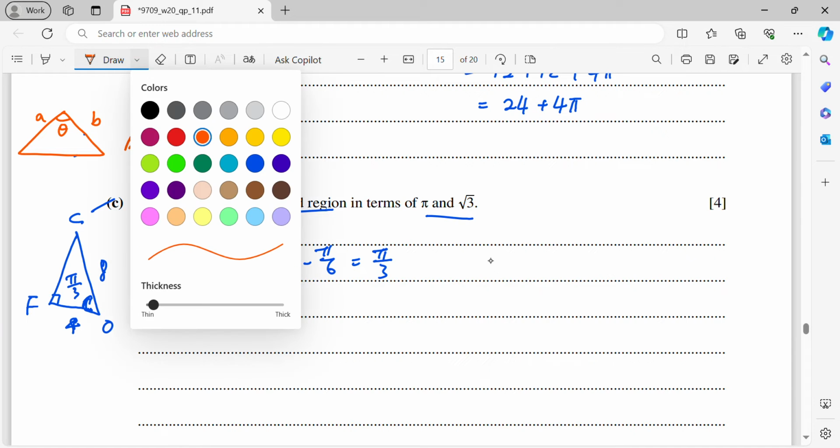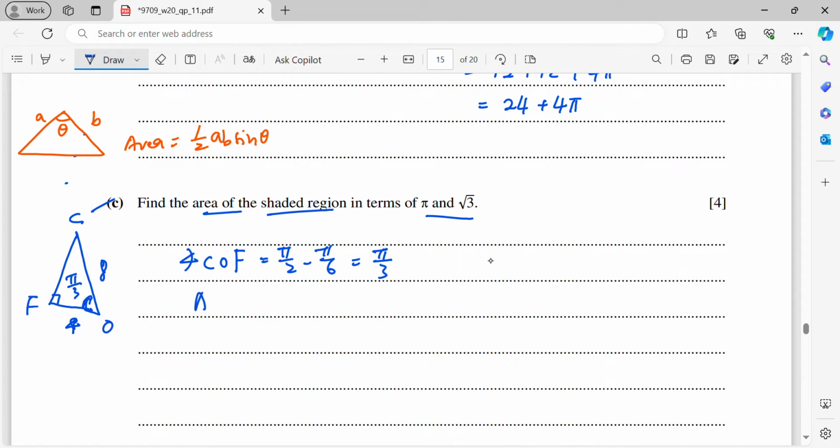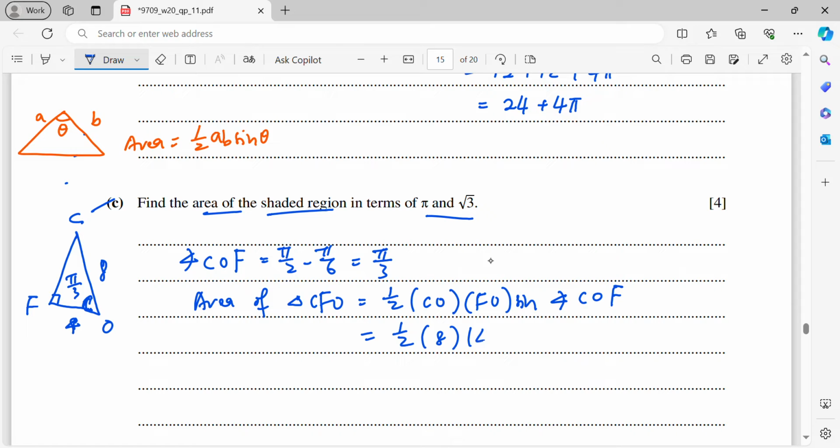Okay, so from here I will say area of triangle CFO equals to half CO times FO times sine angle COF. Okay, so then from here I will get half, CO is 8, FO is 4, sine pi over 3.